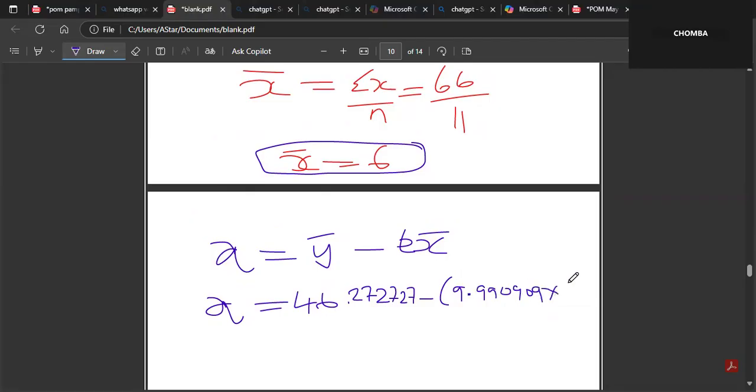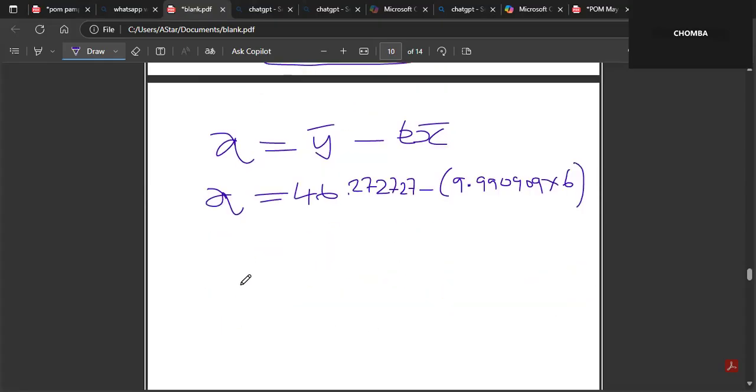Then multiply by 6. Give me the alpha here. What alpha are we getting? Multiply here to see how we are going to do it. Where the 46 is coming from, right?